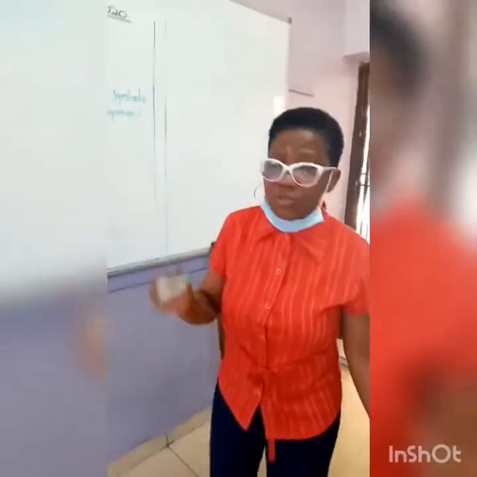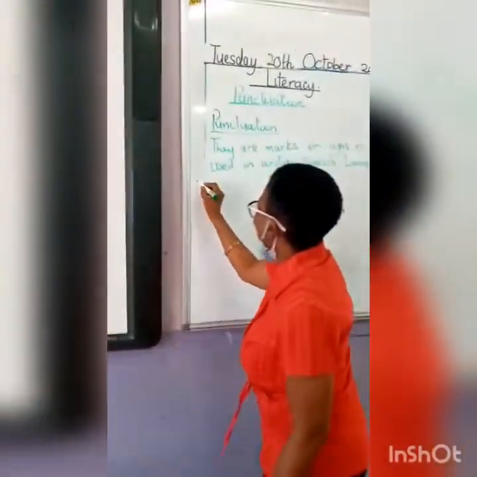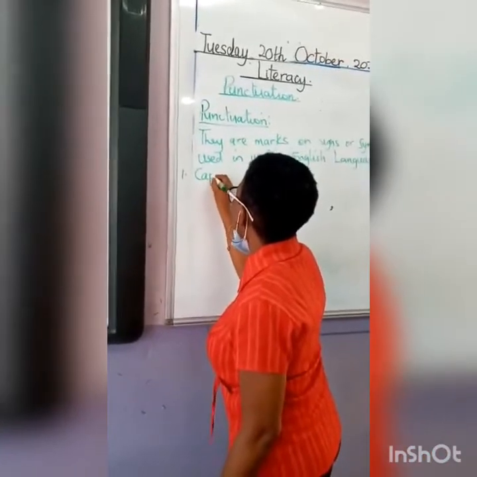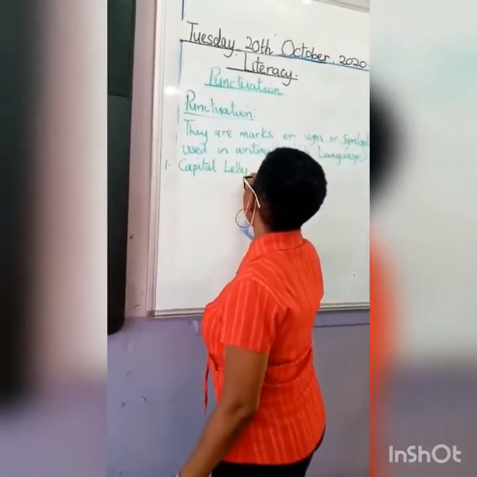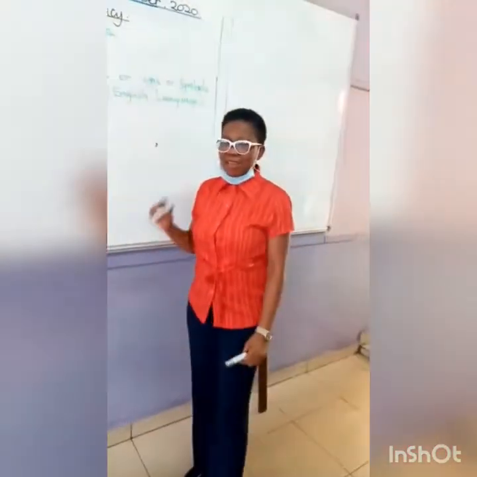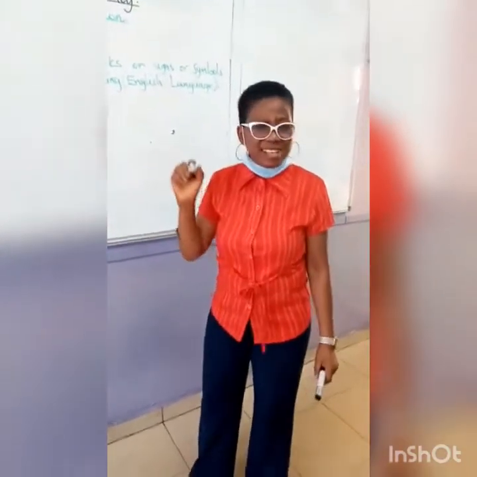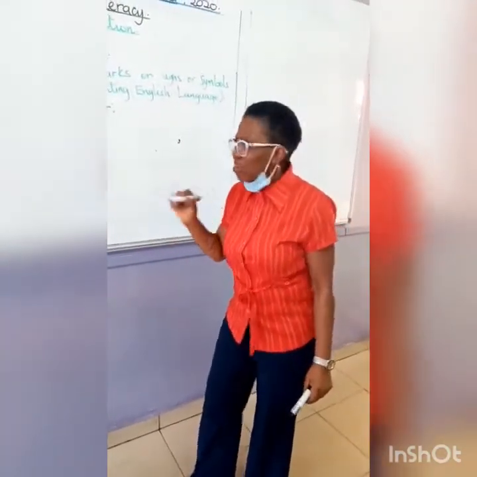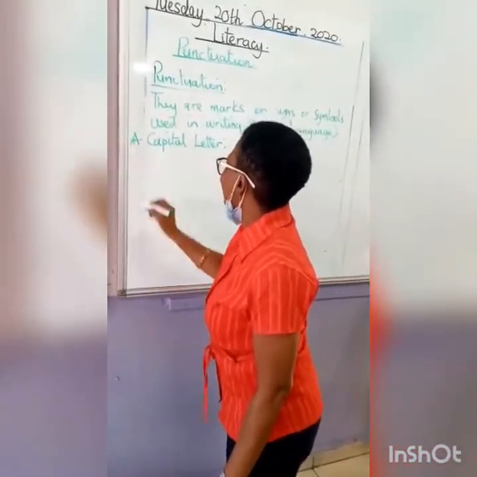We're only going to look at three of them this morning. The first one, capital letter. Before you begin any sentence at all, you must start your sentences with capital letters.